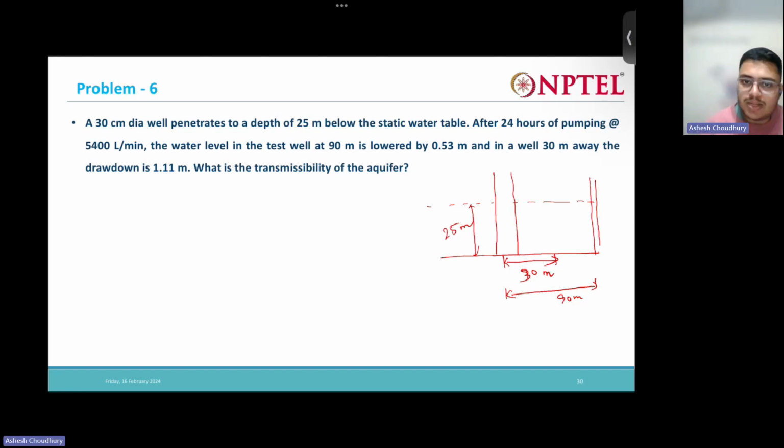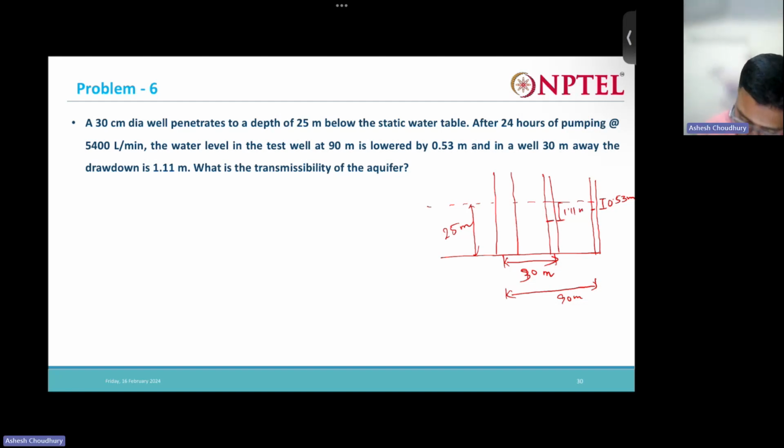In this test well, the water is lowered by 0.53 meters. And in another test well, which is 30 meter away, the water will obviously be lowered more, right? So here it is 1.11 meters.